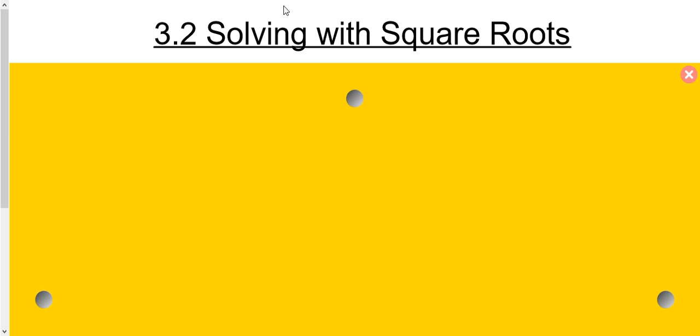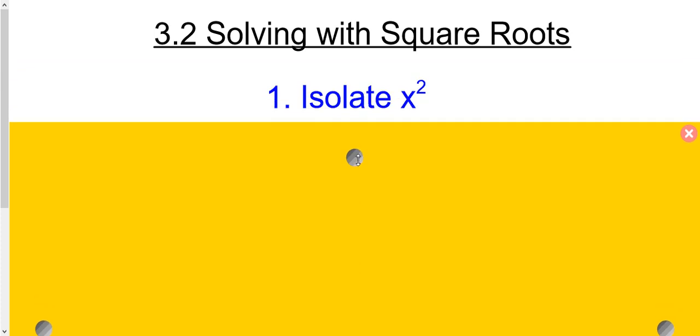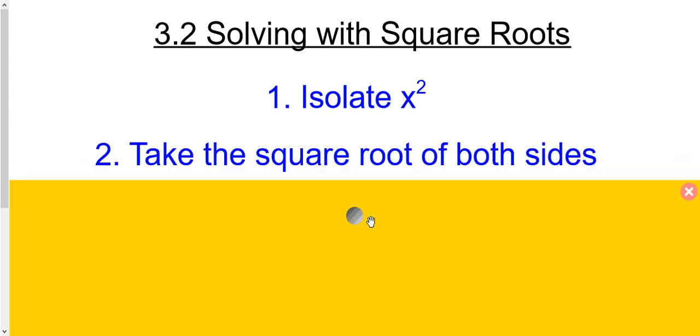Let's go ahead and start by writing down the steps that we're going to follow to solve with square roots. The very first step is we're going to isolate x squared. That word isolate just means get by itself. So we're going to move anything that's with x squared to get it all alone. The second step is we take the square root of both sides.